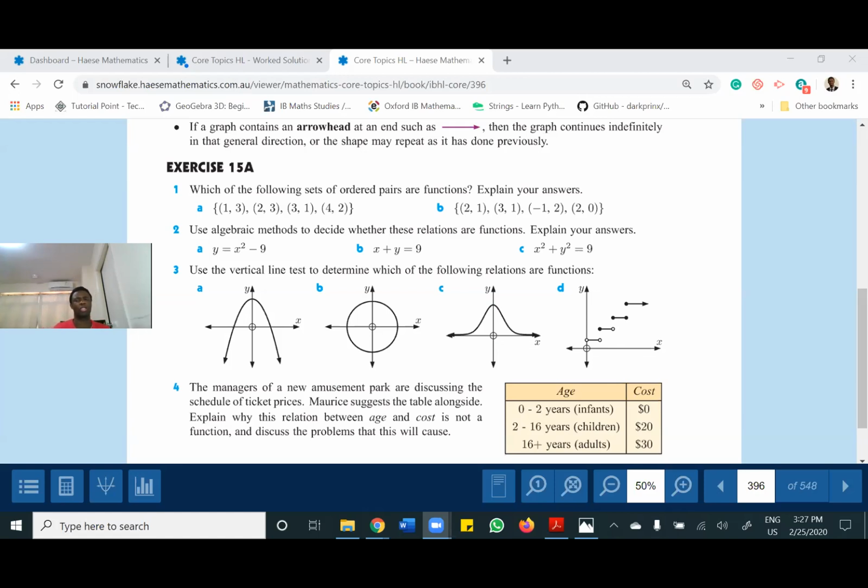Are you sure, Nakita, you want to check that 2A again? Sure, there are two values for y, for one x. Are you sure?